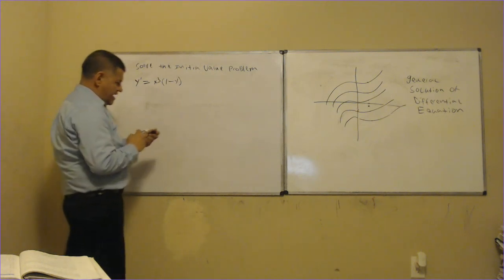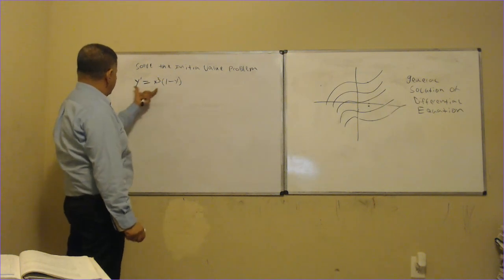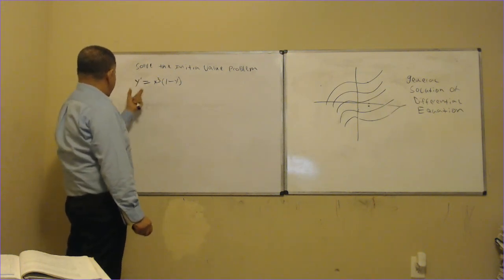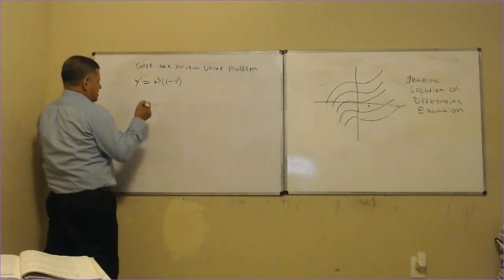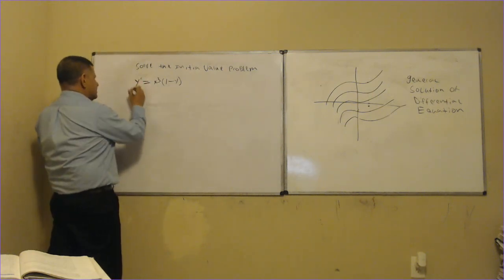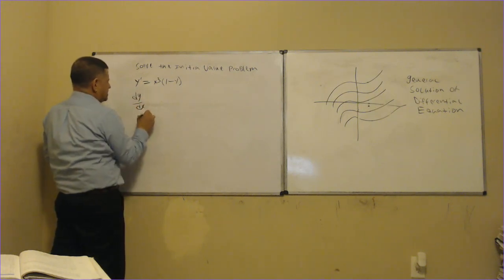Okay, so now, honestly I don't like this too much. What I like to do is rewrite this as dy over dx, right?